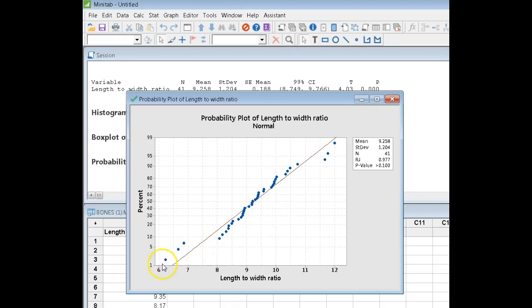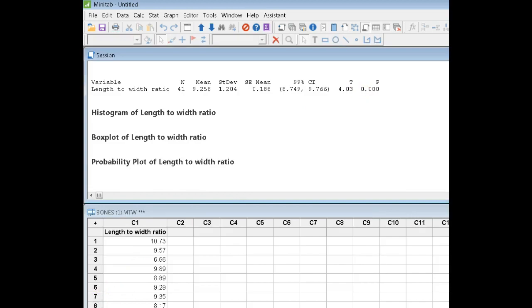And from a visual perspective, I want to know whether these blue points fall along this red line. They're not too bad. There's a few that fall off the wagon. Ultimately, however, we look at this p-value, and somewhere in one of your sets of notes it tells you that if your p-value on this test is greater than 0.1, the data are quite normal. The only time you really got to worry about it is if the p-value is smaller than 0.05, which is not the case with these data.